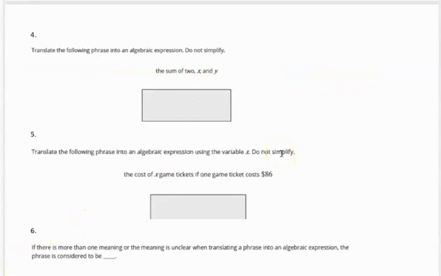All right, try 4 and 5 and see what you get. Now for 4, it's 2 plus x plus y. That indicates the sum of these 3 items.